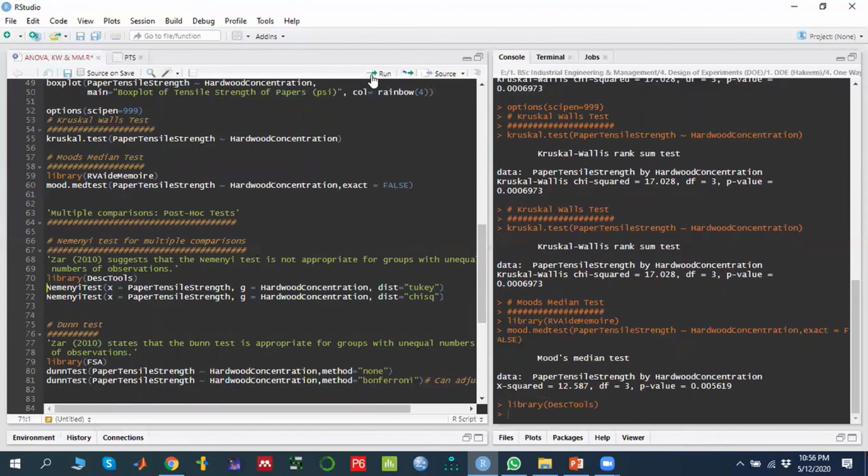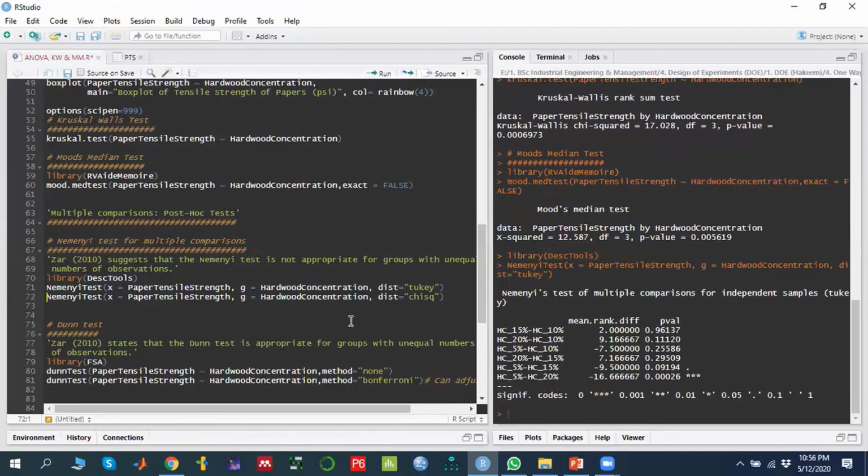If I run this, here I'm mentioning that x indicates the dependent variable, and the second one is the independent variable, which is the hardwood concentration. Then I'm mentioning how we calculate the p-value: should I calculate it with Tukey's method, or should I apply the chi-square method?